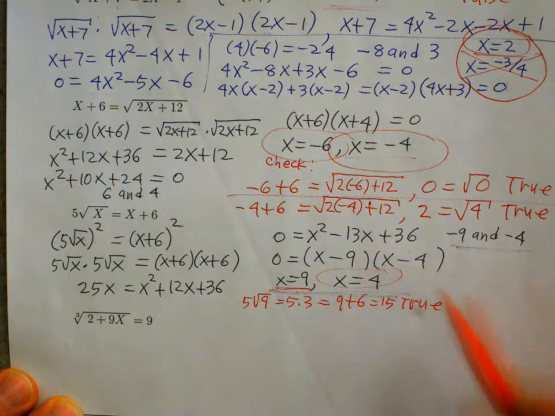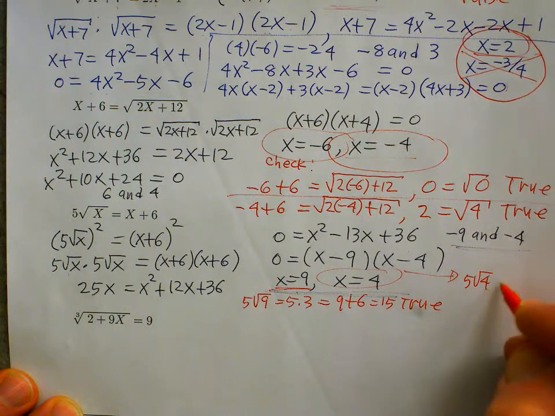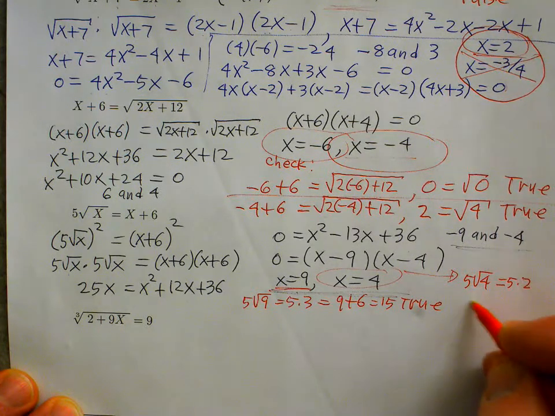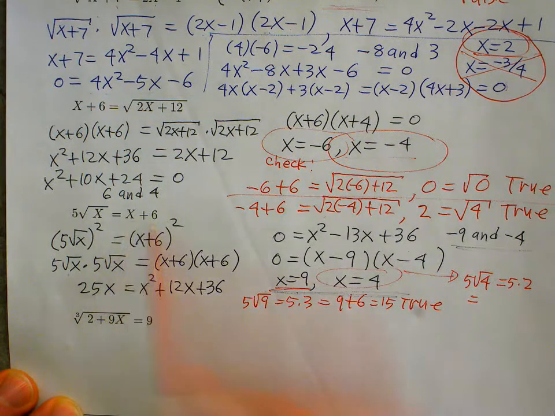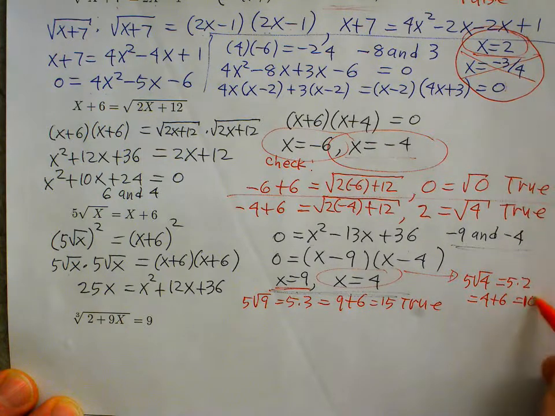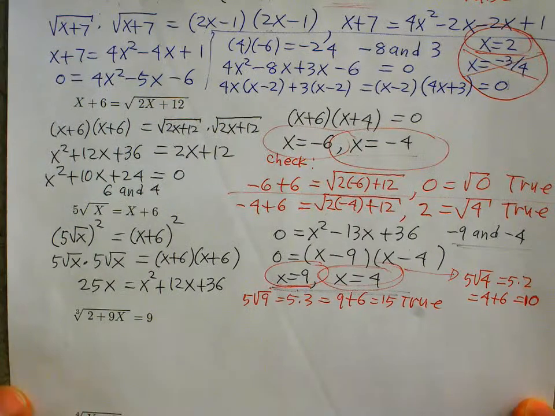When we check x equals 4, 5 times the square root of 4 is 5 times 2, and on the right-hand side, 4 plus 6 is 10. Both of those are equal to 10. So both of those numbers, 9 and 4, are solutions.